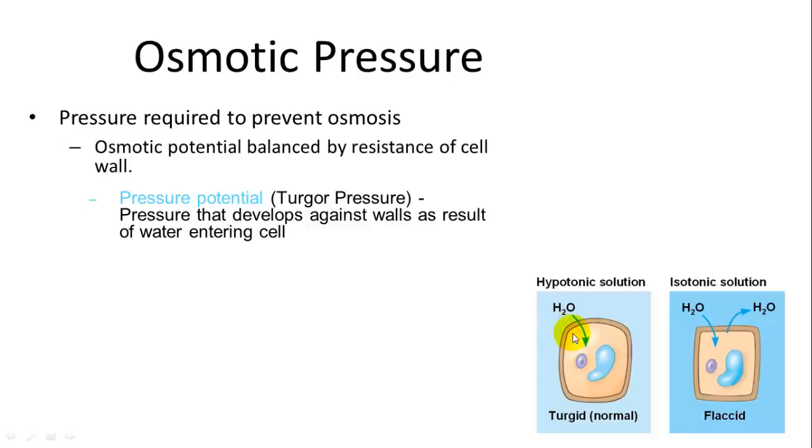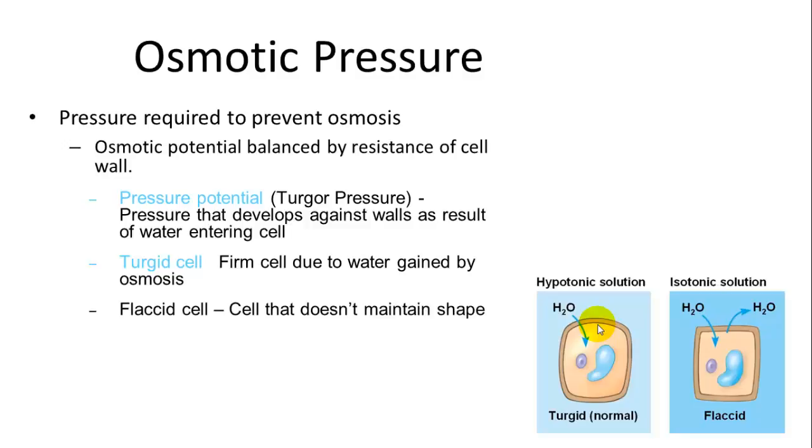Okay, and the water will come in and fill that central vacuole, and it will cause this cell to swell, and it'll be counterbalanced by the properties of the cell wall, which will hold it together. So that's a turgid cell, one that is firm due to that water gained.